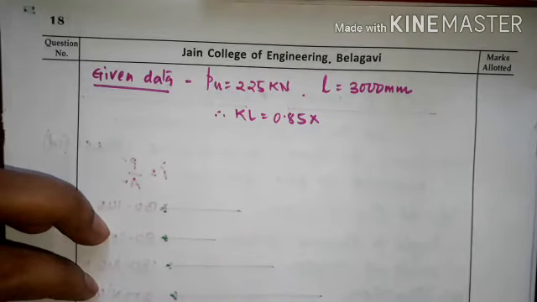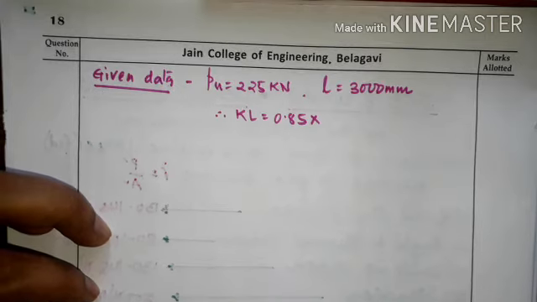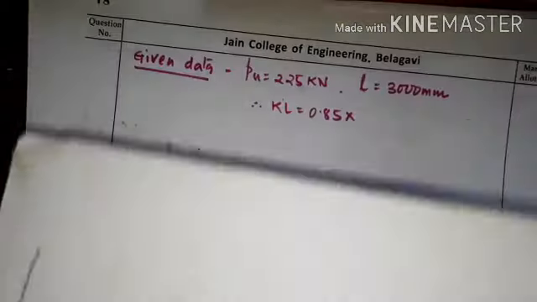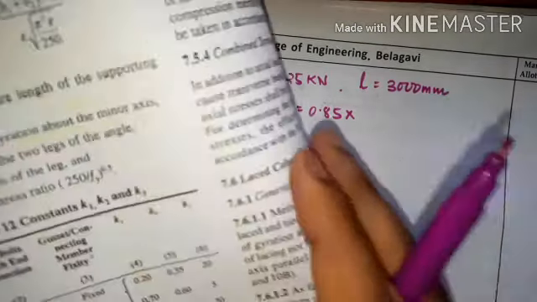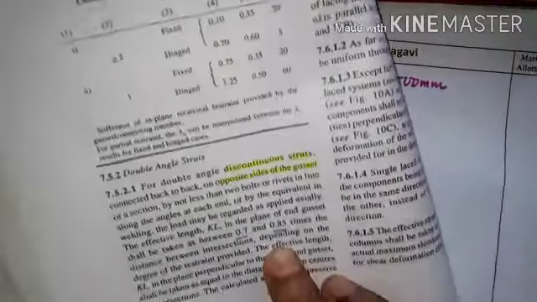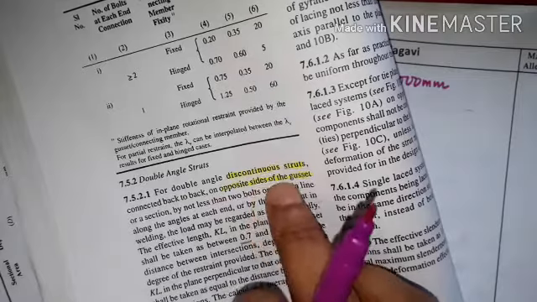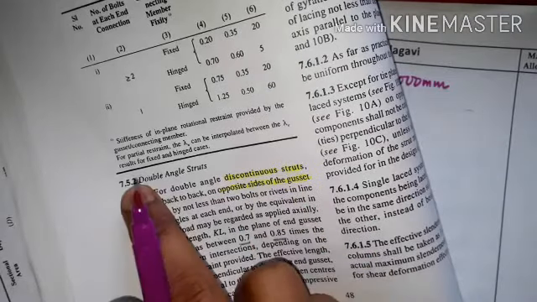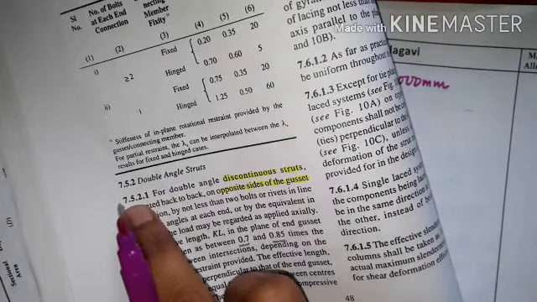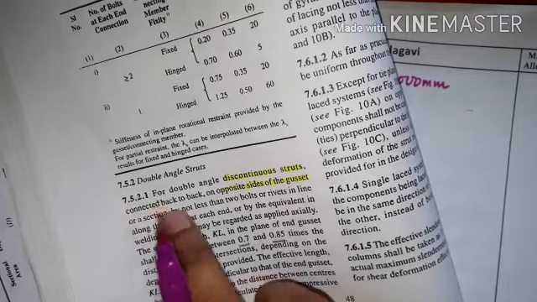Just I'll tell you the clause number. I can show you here. Here you can see, for double angle discontinuous strut, the clause number is 7.5.2 and the sub clause is 7.5.2.1.